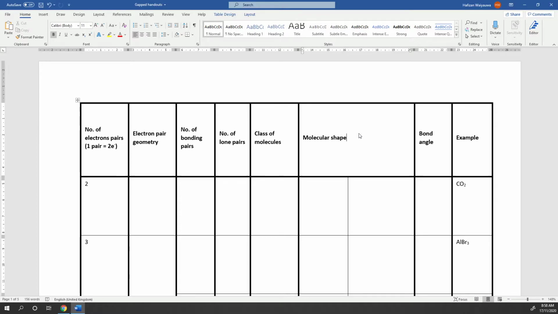Berapa dia ada bonding, berapa lone pair dia. Tak kisahlah dia one bonding, one lone pair pun kita totalkan semua. So kalau one bonding, one lone pair, dia ada dua electron pair. So the first, kalau kita ada dua is linear. Yes, linear.